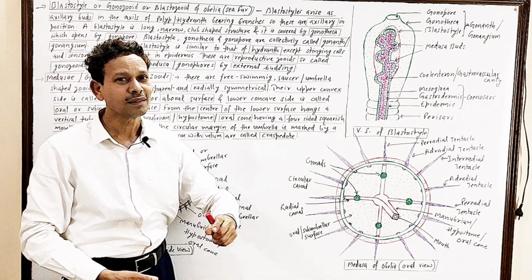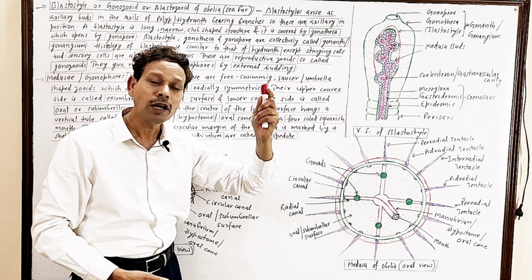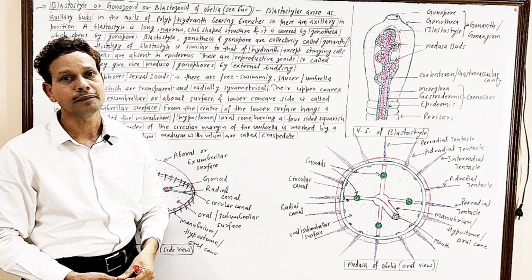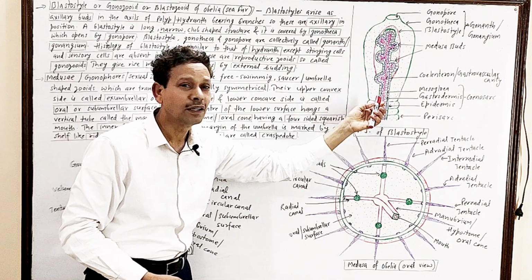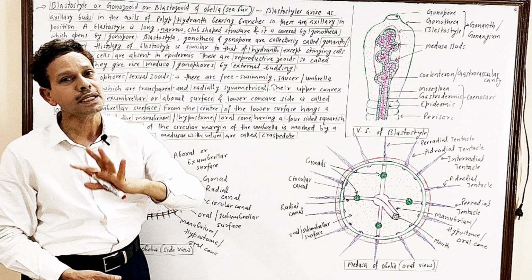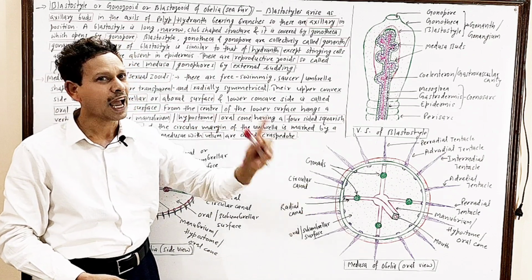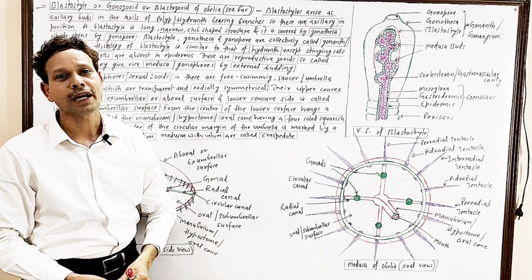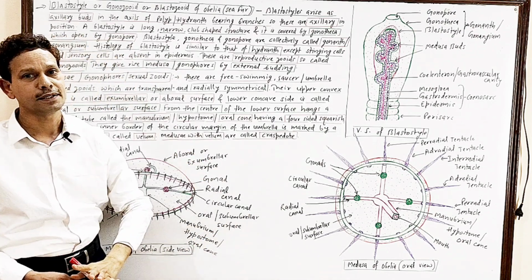Dear students, as the polyp is involved in protection, in defense of the colony, and this blastostyle has no role in defense, the stinging cells are absent, as well as sensory cells in the epidermis of blastostyle.